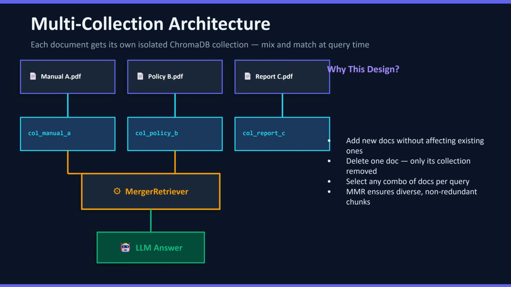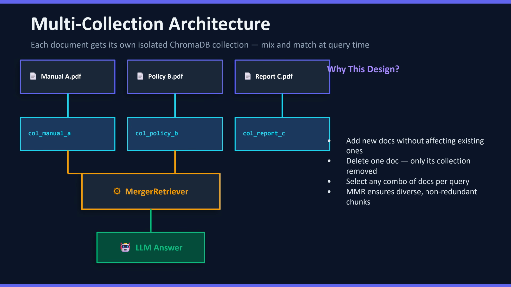The system treats all documents as one undifferentiated pool. You cannot easily add or remove individual documents. You cannot tell the system to only search document A and document B and document C. And if you want to delete a document, you have to either delete everything and reindex or implement complex metadata filtering.